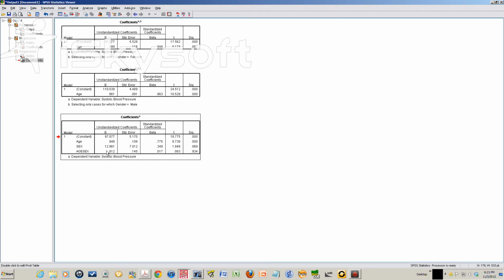The outcome variable here in this example is systolic blood pressure. This is the difference in systolic blood pressure between male and female when the age and this interaction are controlled for, all right? So we have that number. So this is, again, the difference in systolic blood pressure between male and female when we control for age.